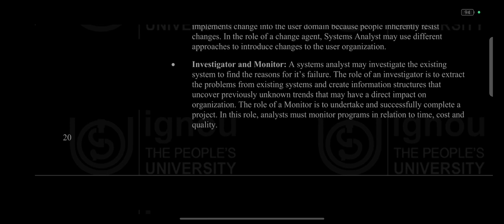The role of a monitor is to undertake and successfully complete a project. In this role, analysts must monitor programs in relation to time, cost, and quality.